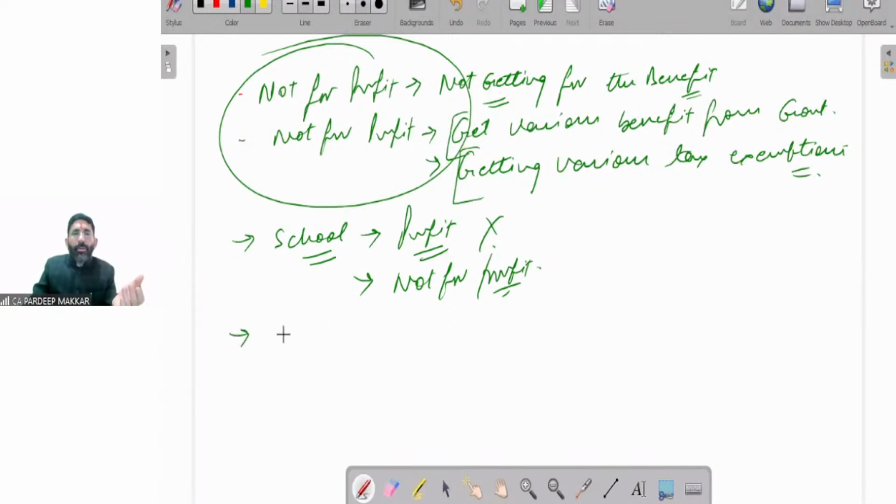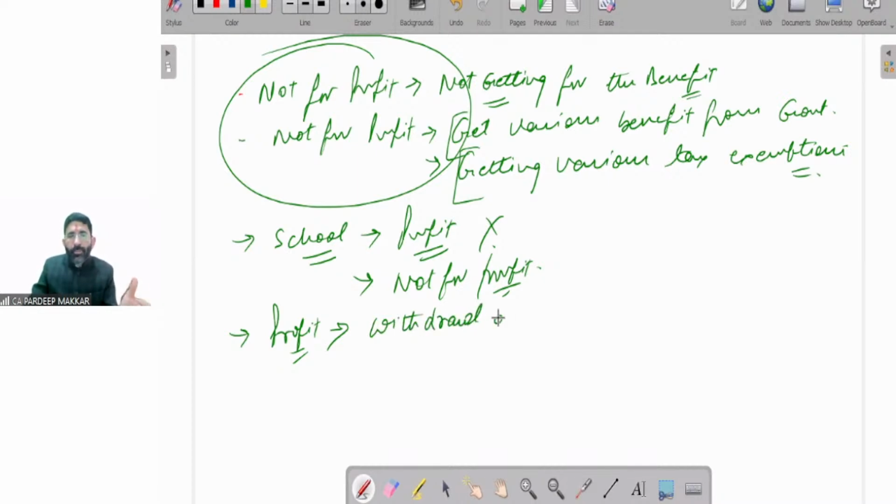This means these organizations will work, and if profit results, these people are not allowed to withdraw that profit.